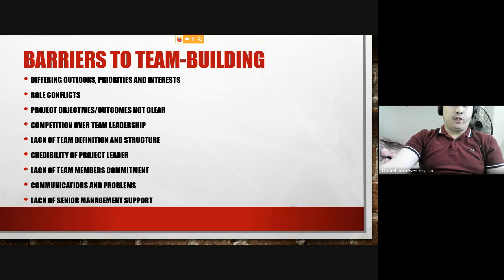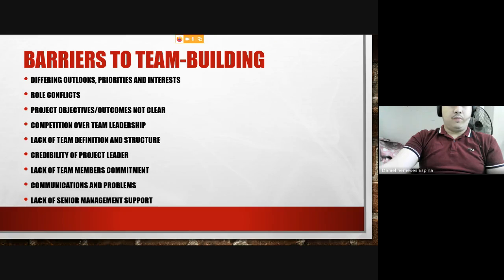So the project manager must be aware of that. So instead of competition, dapat i-promote ang cooperation. Okay? Or instead of competition, there's what we call co-opetition. Okay? So it's a combination of cooperation and at the same time competing against each other. So of course, for the overall benefit of the project.